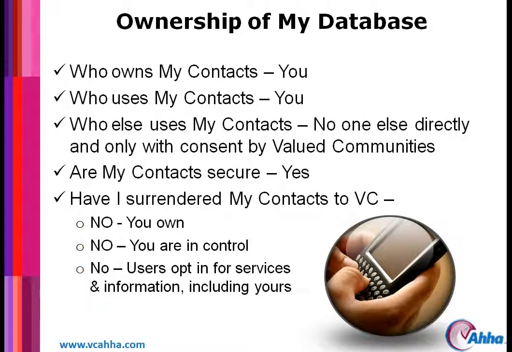Who uses my contacts? You use your contacts. It's up to you to take advantage of your contacts to raise funds, engage them, and to do all of those sorts of things. Again, let's come back to our John Doe. John Doe has a relationship with 3 organizations, 3 people, 3 businesses.